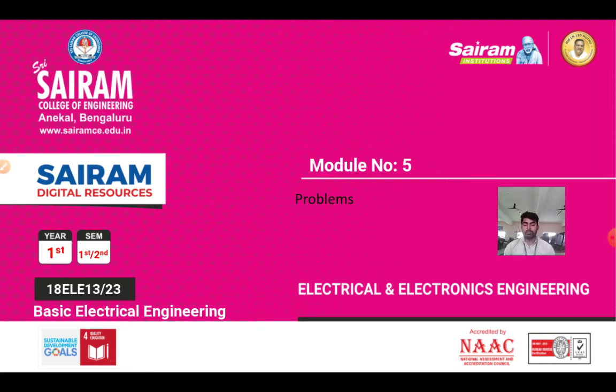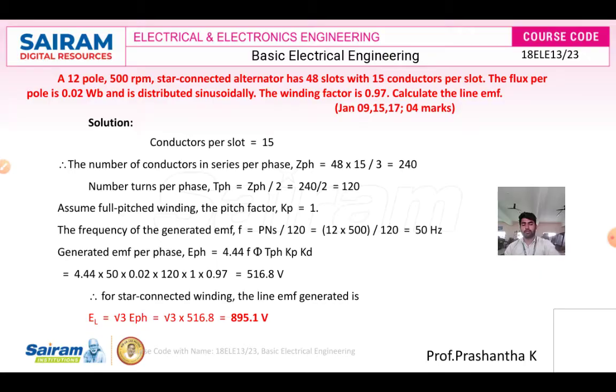So number of slots into conductors per slot is Z, and Z phase, per phase, is equal to Z by 3, and turns per phase is Z phase by 2. Also Kp is equal to cos alpha by 2, Kd is equal to sin m beta by 2 by m sin beta by 2, and the synchronous speed of the turbine rotation is Ns is equal to 120 f by P. So let's see the problems one by one now.